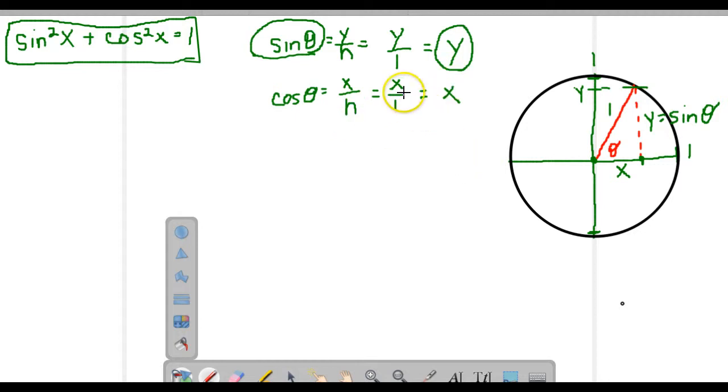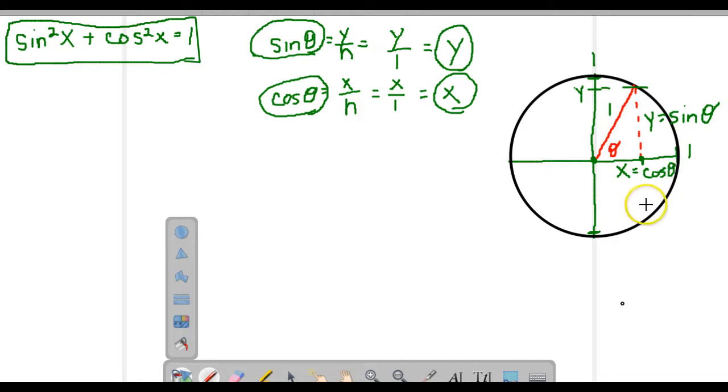So now it's the same thing as up here. The cosine of theta is x. They're the same thing on a unit circle. So when we see an x, we can just type in cosine of theta instead.